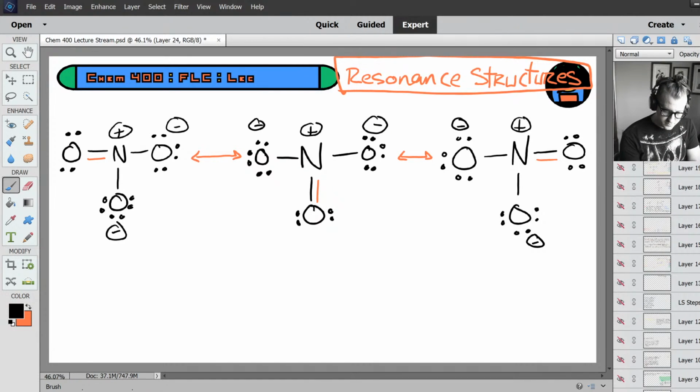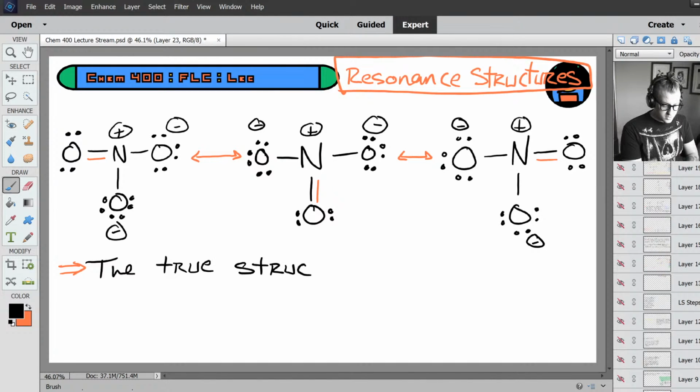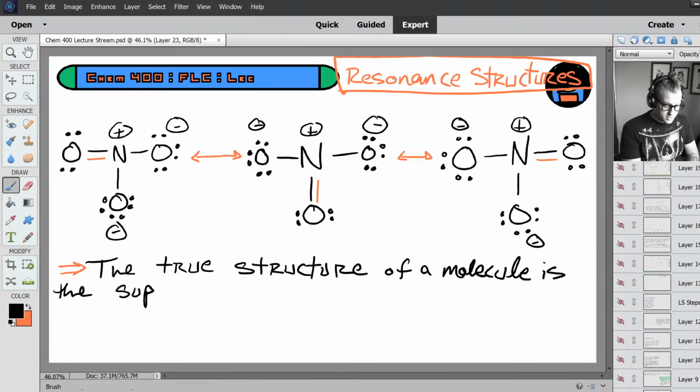All right. We say that the true structure of a molecule is the superposition of all the molecule's resonance structures.